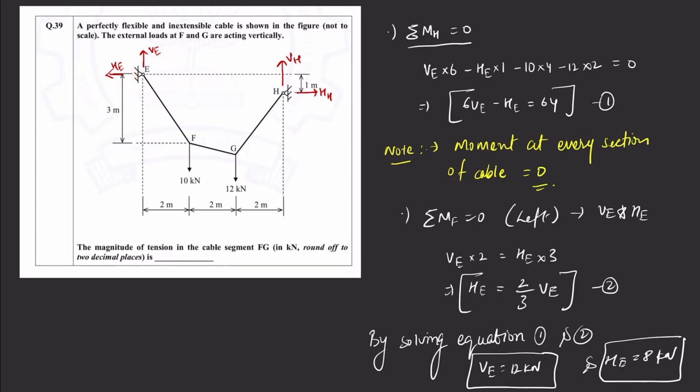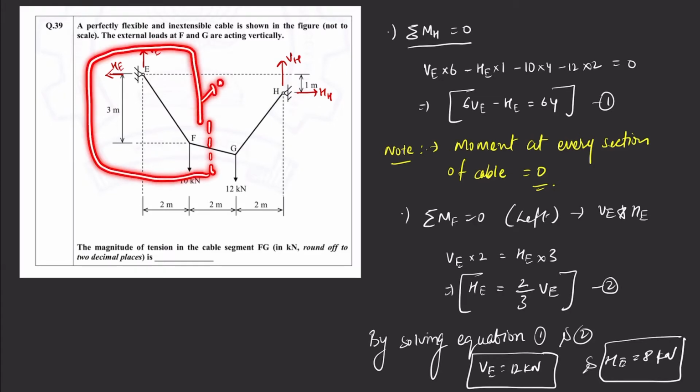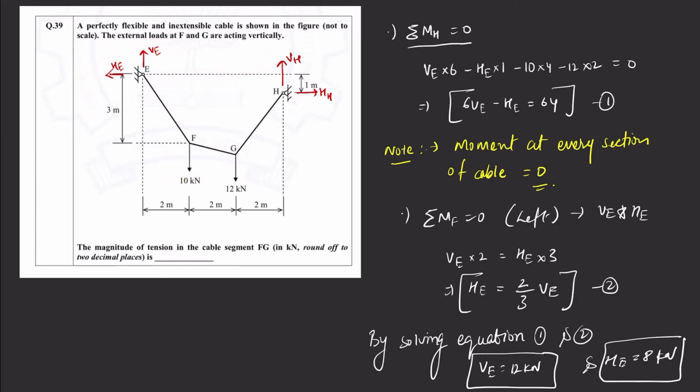Now, to find the tension in the cable FG, we can cut a section here, take this system out, and solve using the equilibrium equations: summation of Fx equals 0, Fy equals 0 and Mz equals 0. But this process will actually take time.